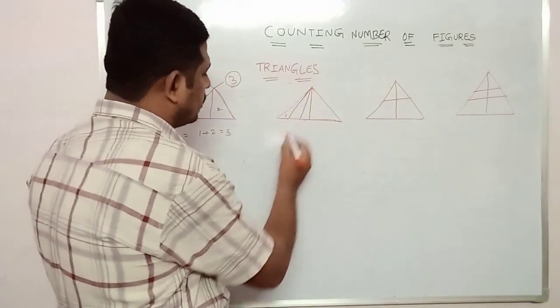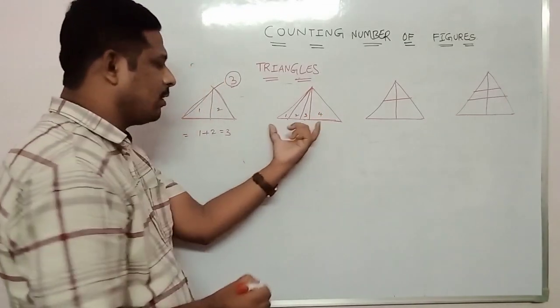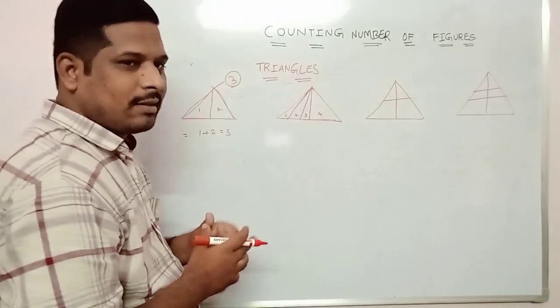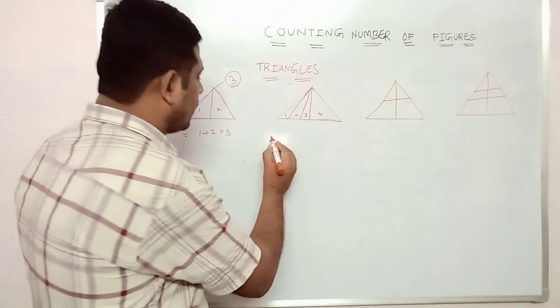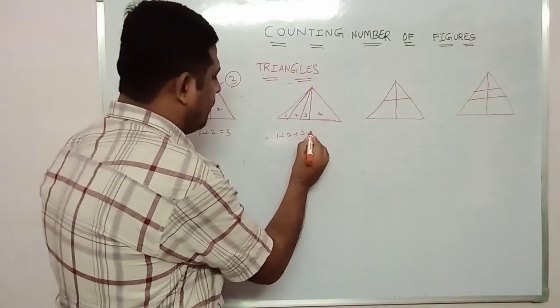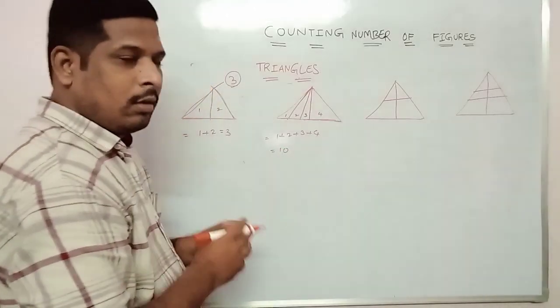1, 2, 3, 4. We divide it into 4 parts. What I told you, add all these things to get the number of triangles in this figure. 1 plus 2 plus 3 plus 4, which is 10. Yes or no?